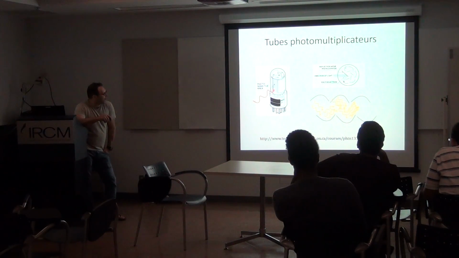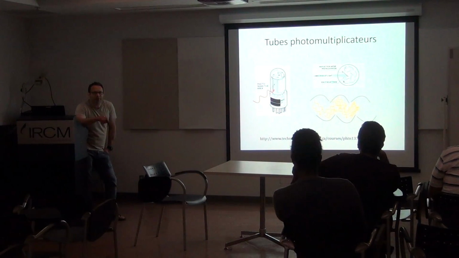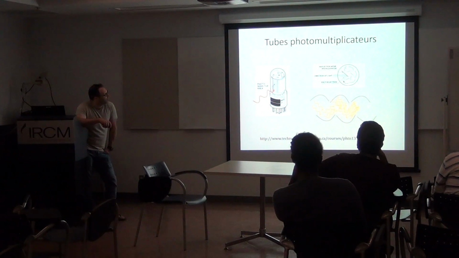And so those devices are really sensitive, and they are also really fast. Okay, so this is the kind of device we use with the confocal system. And we will see it after the pause.